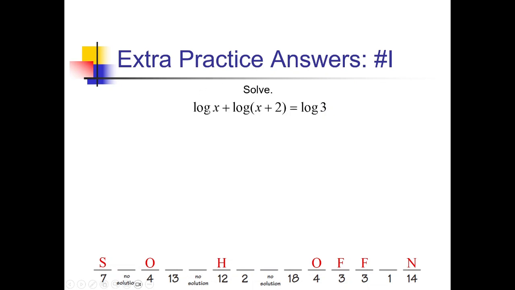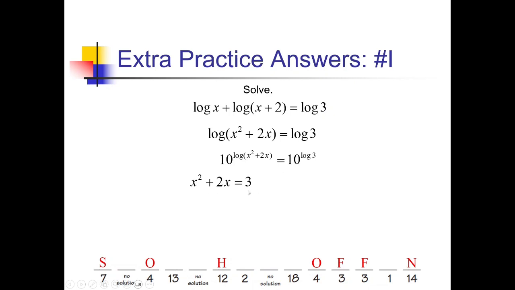So that's going to give me log of, and if I distribute this x, that's going to be x squared plus 2x inside that logarithm equals log 3. Now that I have a single log on each side, I'll raise 10 to both sides. That cancels out the logs on each side, leaving me with x squared plus 2x equals 3.